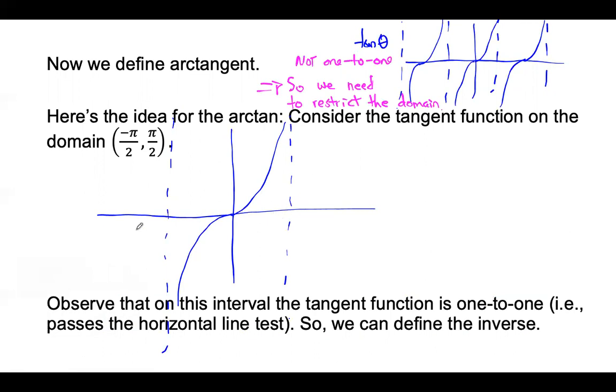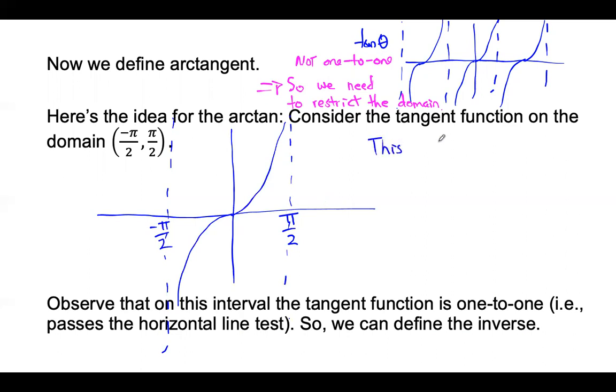These vertical asymptotes go from negative pi divided by 2 to pi divided by 2. So we're going to restrict it to just this part, right? Not the rest. So block out the rest.